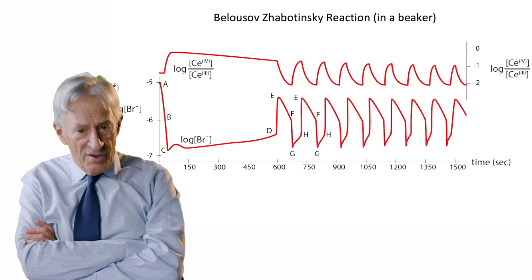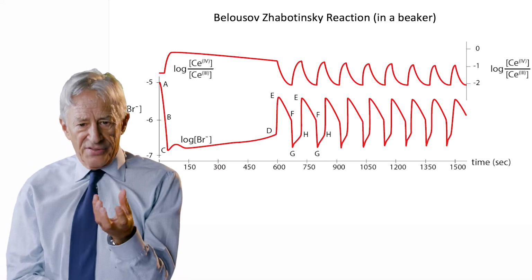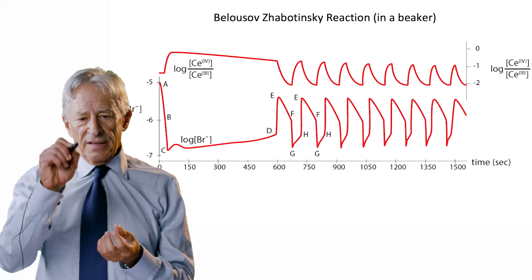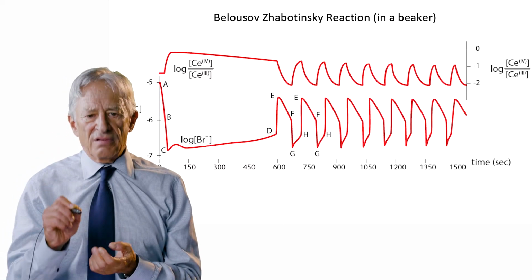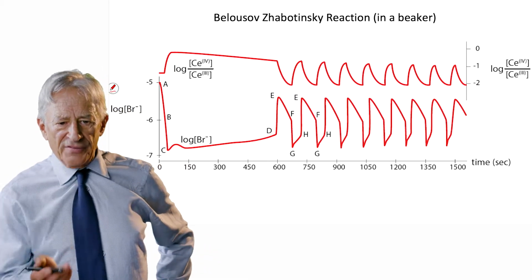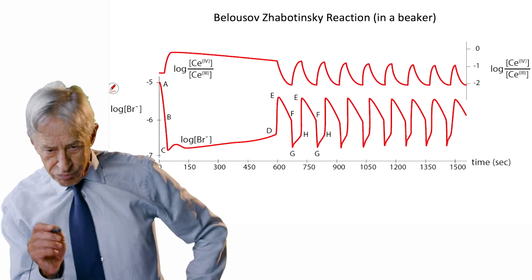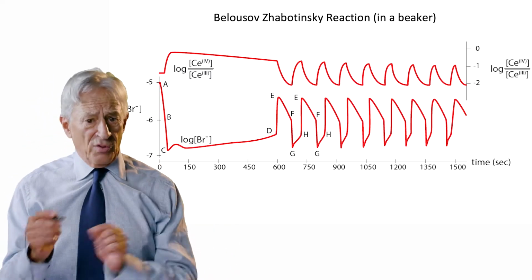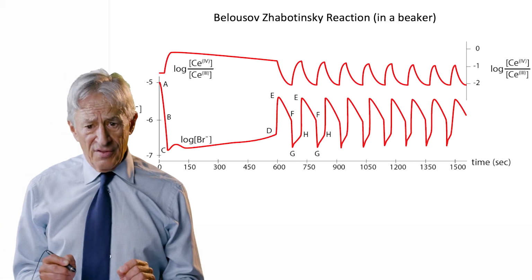And he noticed that the chemicals in his beaker were oscillating in concentration. And here is a record of that. This is one of the ions, the bromate ion, and is going up and down, as well as all of the other intermediates in the reaction.